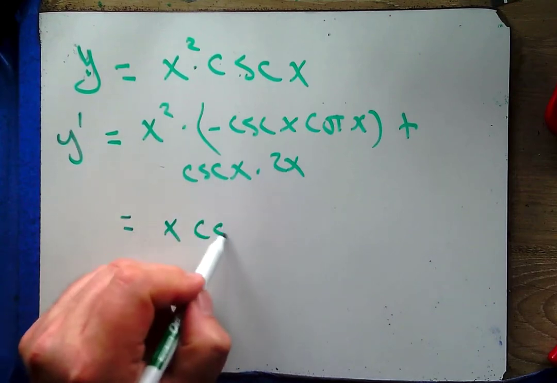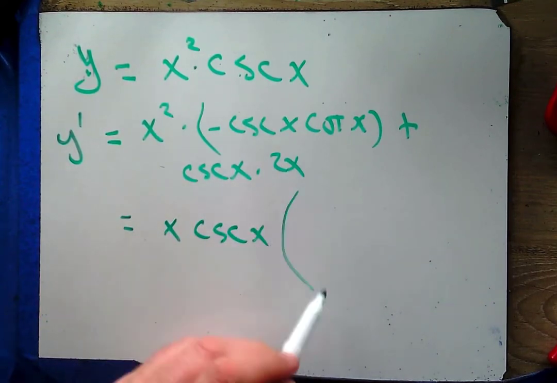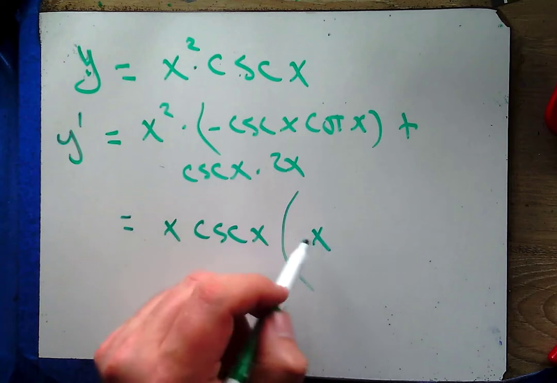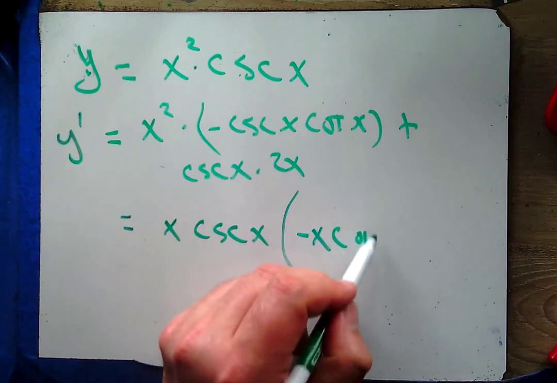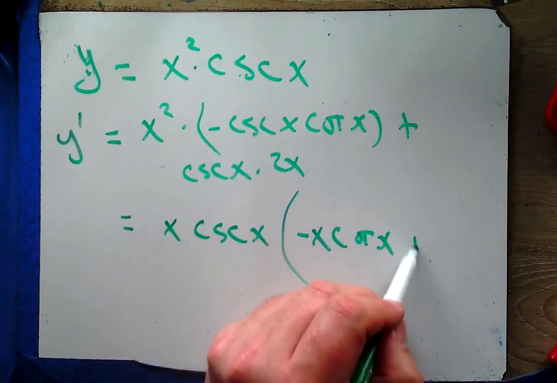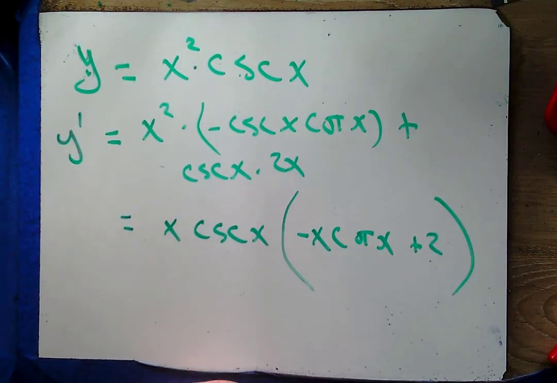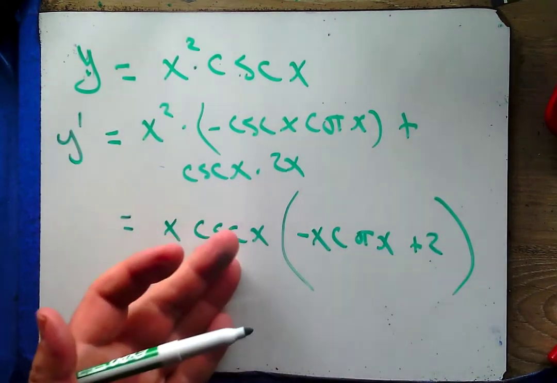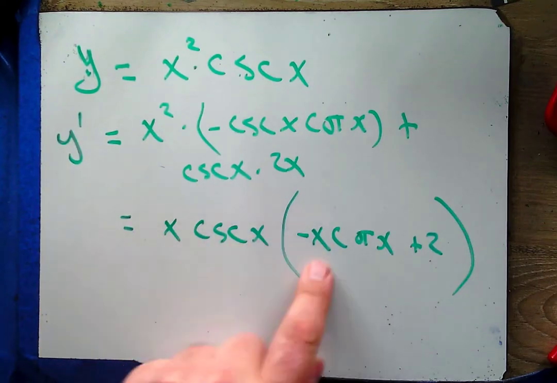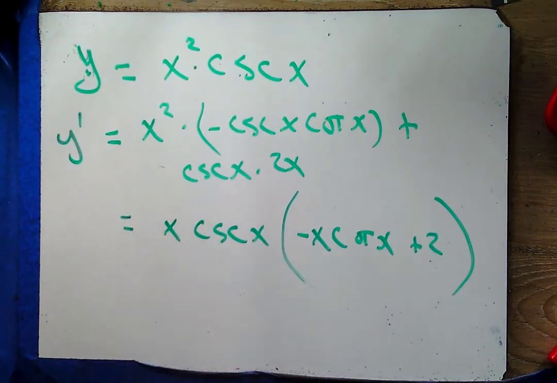I can take out an x and a cosecant x, and I'm left with x, negative x cotangent x, plus 2. It's factored, but I don't know how to deal with those. So, kind of a moot point.